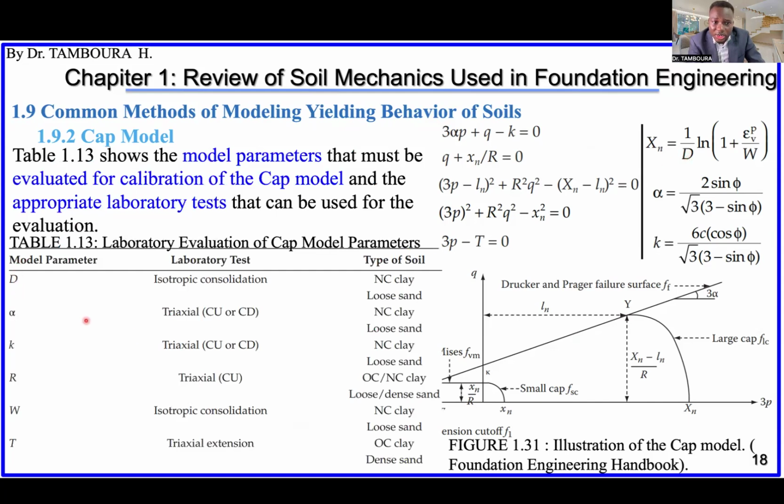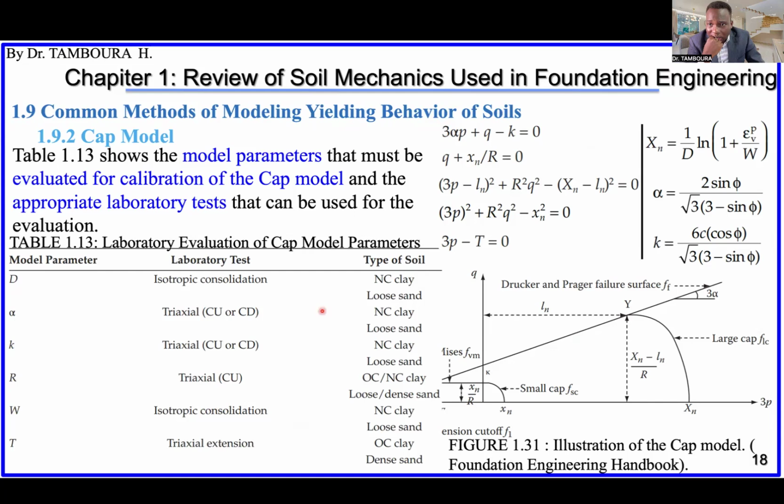This D can be obtained from isotropic consolidation and can be used for normally consolidated clay or loose sand, because this cap model can be used for both. This alpha in the Drucker-Prager failure surface is here. A triaxial test, because as you see, this alpha is just based on phi. You need a triaxial test to obtain phi, the internal friction angle.